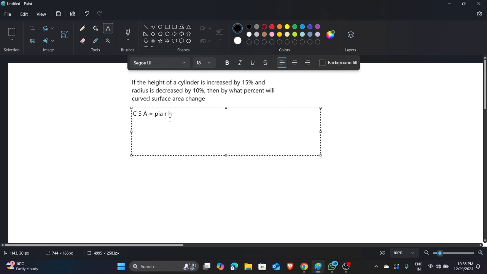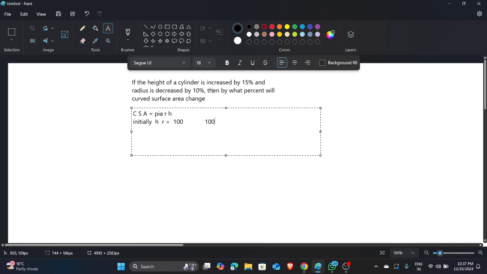Now they are saying the height of a cylinder is increased by 50% and radius is decreased by 10%. Initially, we consider the height and radius as 100, because initially everything is 100%.